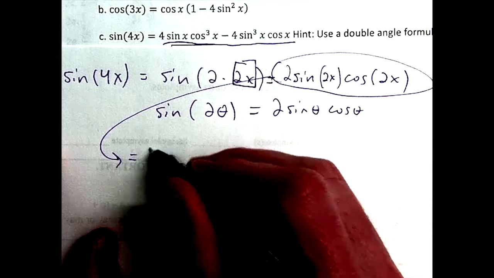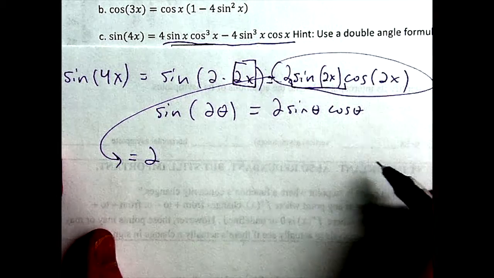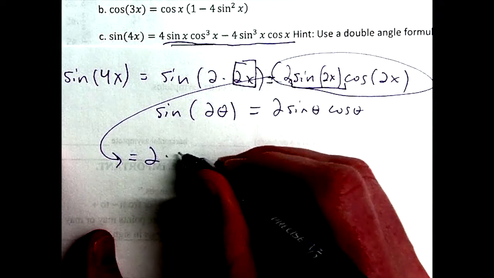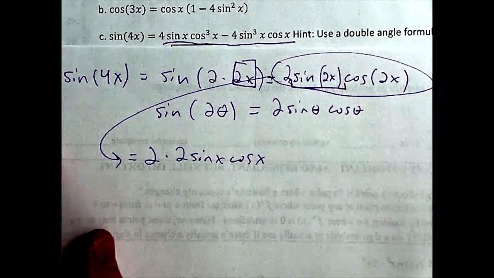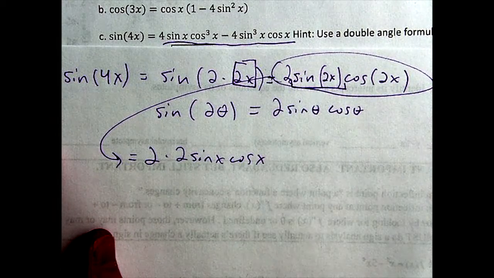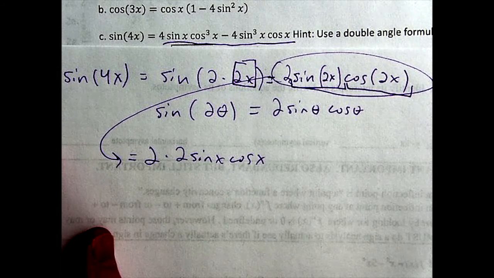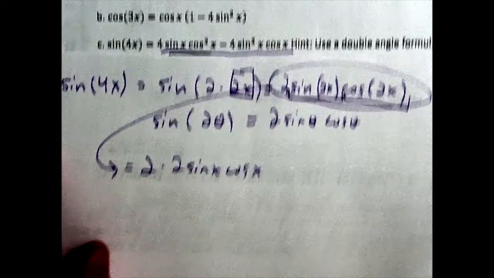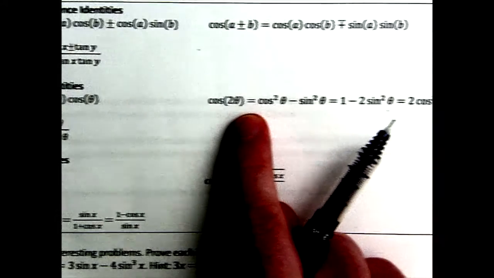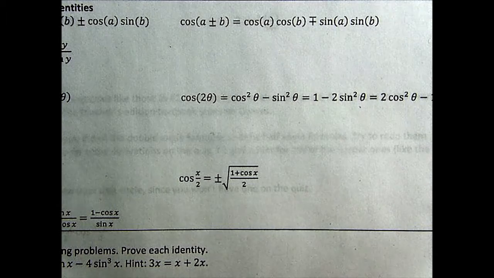So this is equal to 2, okay, so it's 2 and then times sine 2x. Well, what's sine 2x? It's 2 sine x cosine x. That's the double angle formula for sine again, right? And then as far as cosine 2x, unfortunately, there are 3 different cosine double angle formulas, right? They're all listed on the sheet right here. As far as which one I should use, it's not completely obvious.